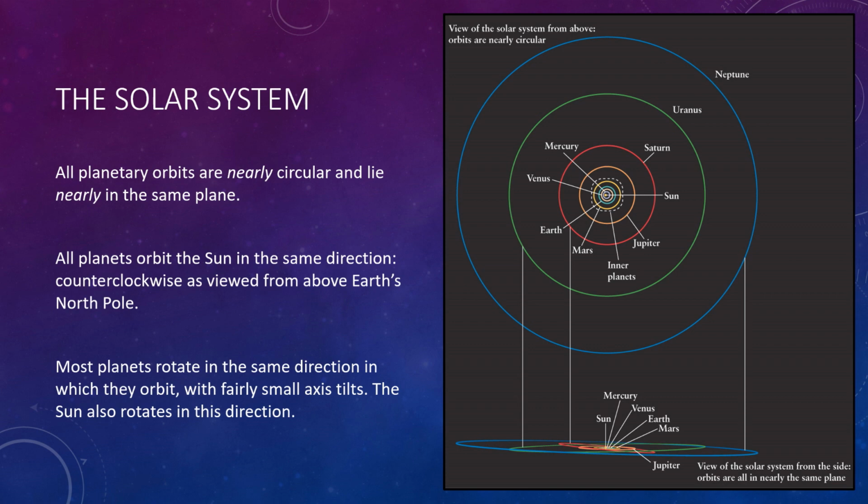And last, most of the solar system's large moons exhibit similar properties in their orbits around their planets, such as orbiting in their planet's equatorial plane in the same direction as the planet rotates. We consider these orderly patterns together as the first major feature of our solar system. Our theory of solar system formation explains these patterns as consequences of processes that occurred during the early stages of the birth of our solar system, which we will get to in our next lecture.